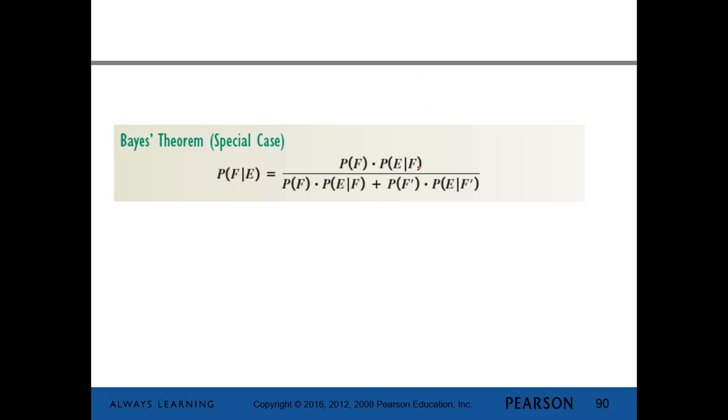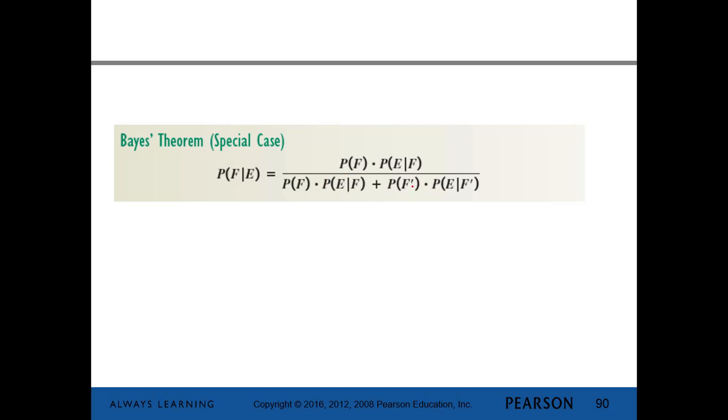Now this is the probability of F and E. What does the bottom add up to? This is the probability of F and E plus the probability of not F and E. What is this the probability of? Oh, did I say F?